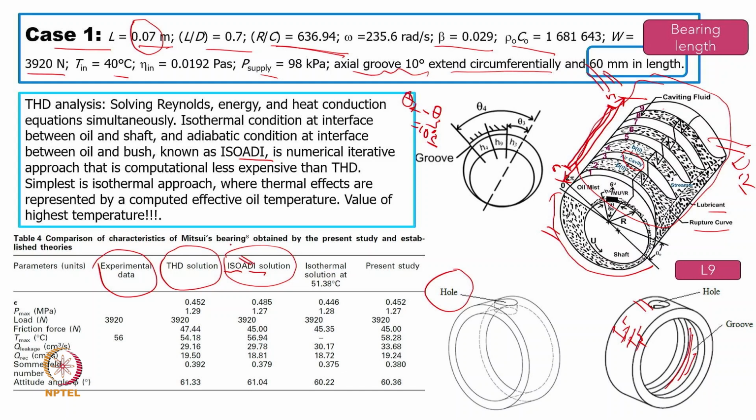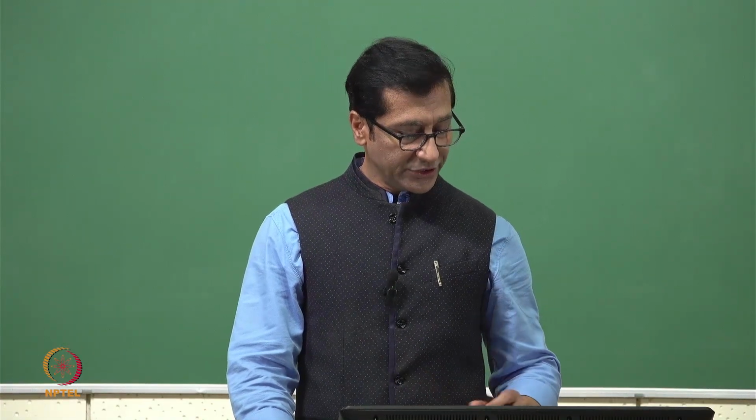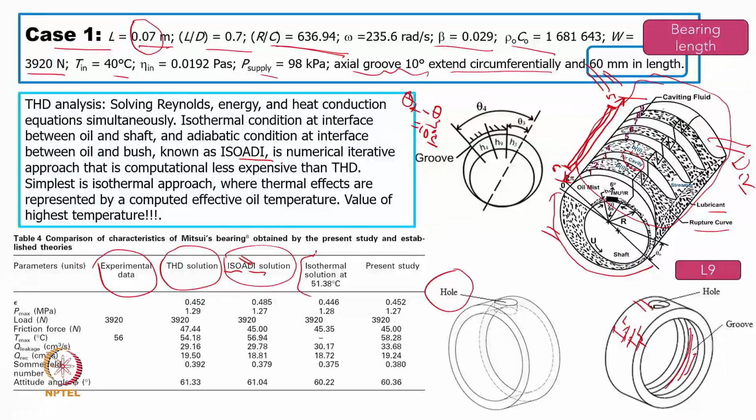That is called the adiabatic solution. So this is a combination: the shaft is in isothermal condition and the bearing is in adiabatic condition. And this is the simplest one. Most of the books and most of the initial papers were based on isothermal analysis.